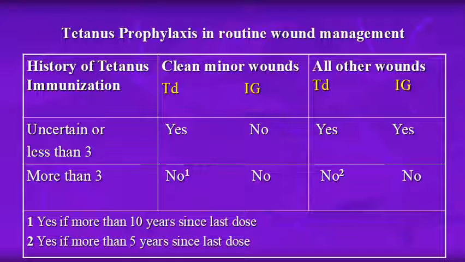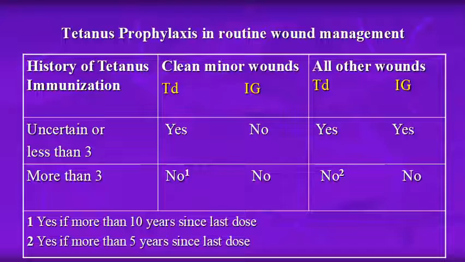And in all other wounds, which means deep wounds or dirty wounds, we better give tetanus toxoid and immunoglobulin when the patient is uncertain about his immunization status, or he tells that he had fewer than 3 doses of vaccine during his childhood, if he ever remembers, of course.